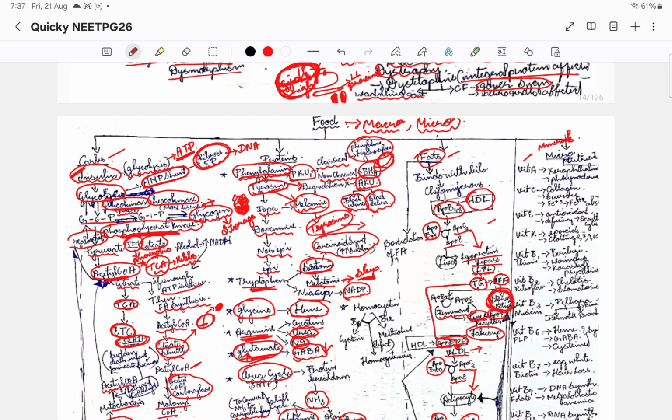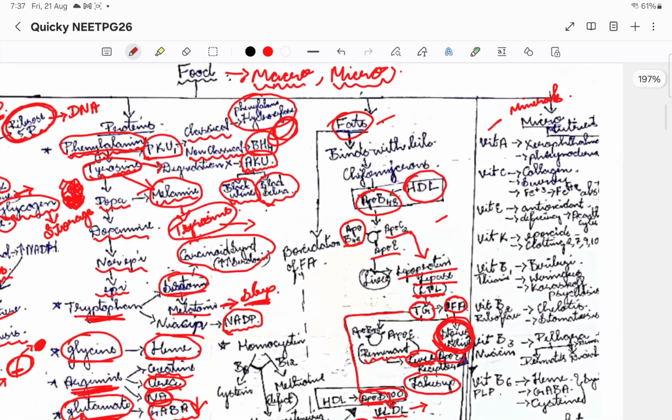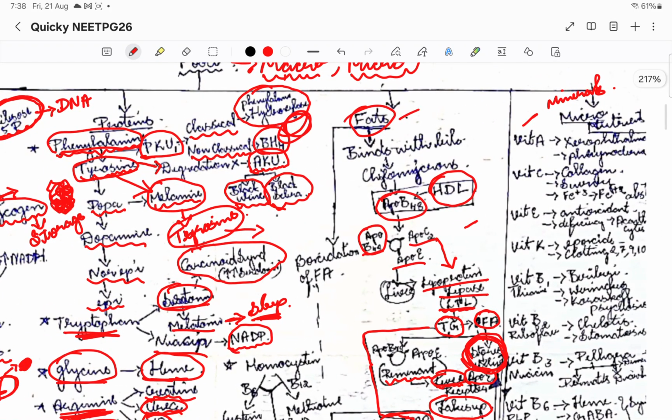Now that we are done with macronutrient metabolism, let us see what micronutrients are important, and what disorders happen when there is micronutrient deficiency. Minerals we will discuss with respect to the particular systems. The minerals that are important are iron and copper, and zinc.